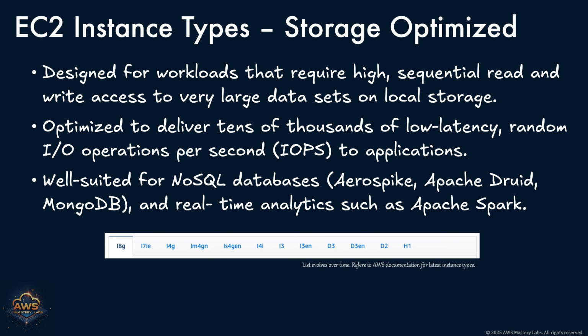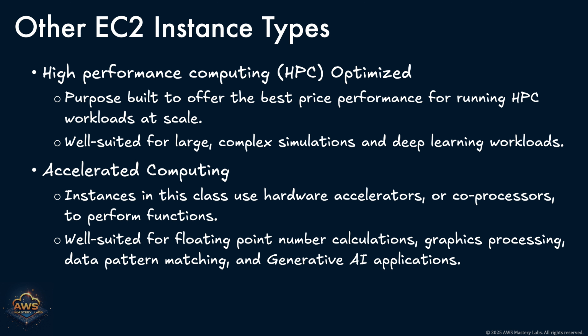Accelerated computing instances are specialized EC2 instance types that leverage hardware accelerators, such as GPUs, graphics processing units, FPGAs, field programmable gate arrays, or custom AWS-designed chips, to offload and accelerate compute-intensive operations that would otherwise be inefficient or slow on standard CPUs. These hardware coprocessors are ideal for tasks that involve floating-point arithmetic, matrix operations, graphics rendering, or pattern recognition.